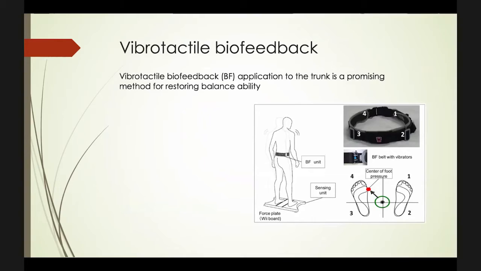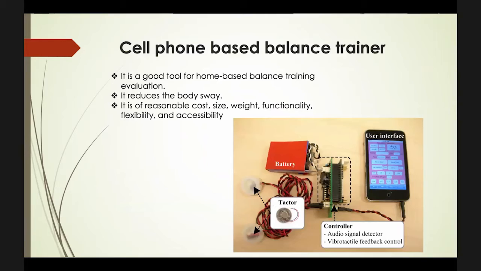The vibrotactile biofeedback belt is a new and promising tool. This is a belt applied to the trunk and it can restore balance ability. Then there is the cell phone-based balance trainer. It's a good tool for home-based balance training and evaluation.